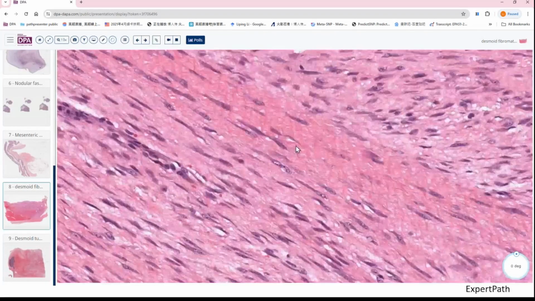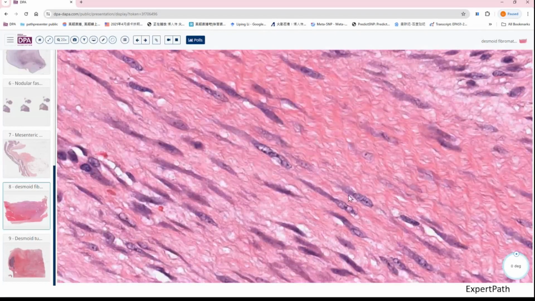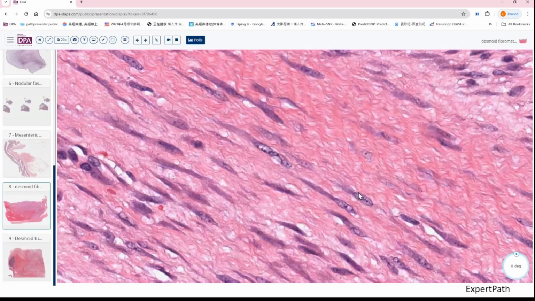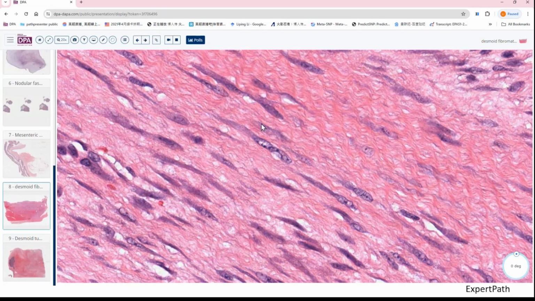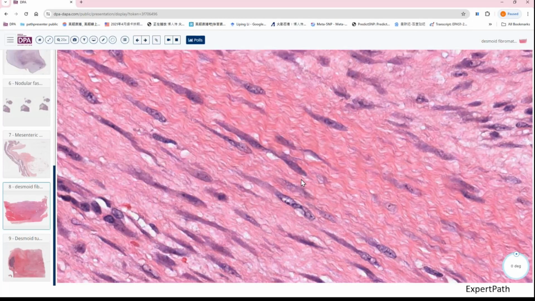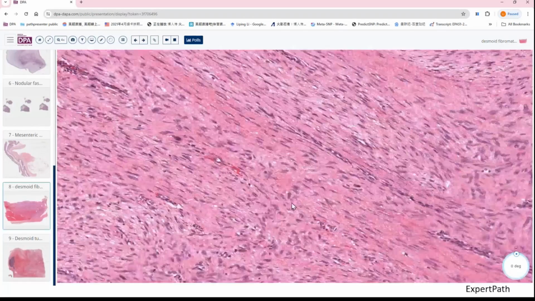And then we want to see the cytologic features: open chromatin with not prominent nucleoli, and these spindle cells have light purplish, amphophilic cytoplasm. And between the spindle cells, we have this wavy collagen bundle. So we know this is fibroblast or myofibroblast.